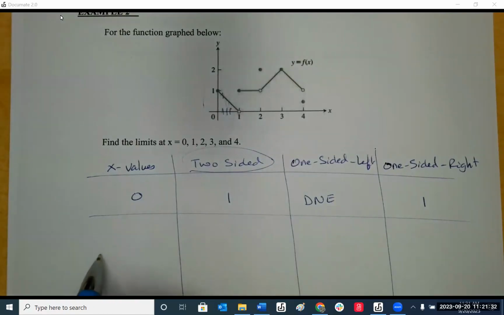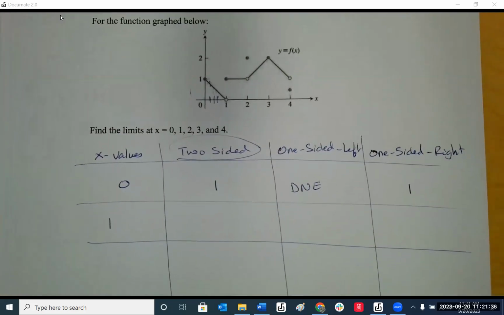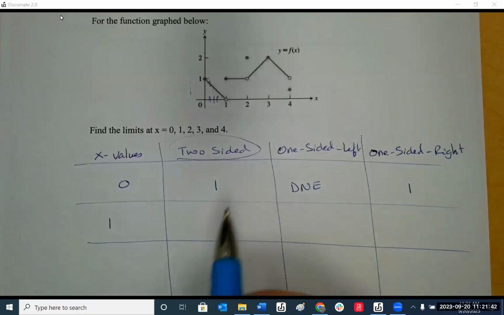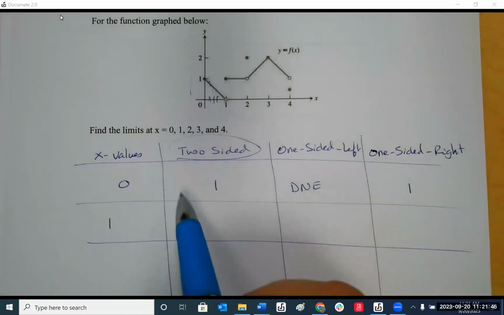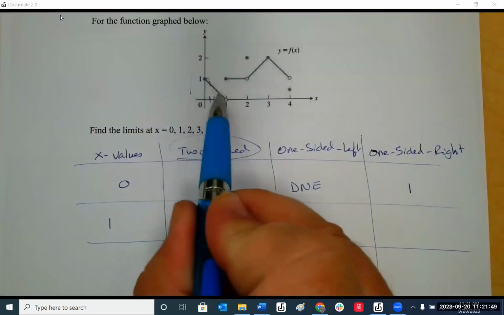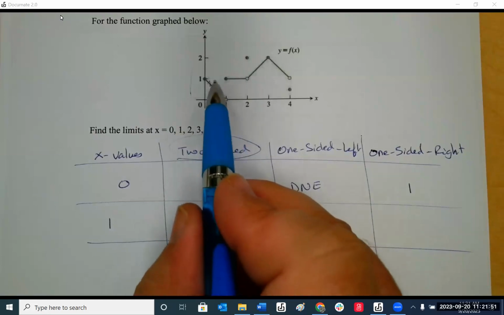Let's look at the next one. At 1. Let's look at two-sided. At 1. What's happening at 1? When you're coming from the left, what happens? Where is it approaching?